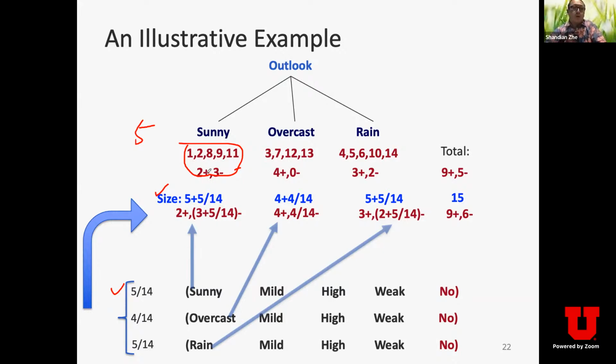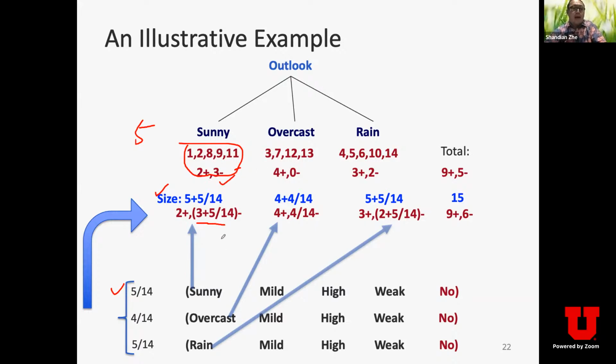So what's the number of positive examples? It's still 2. And what is the number of negative examples? Previously we only had 3 negative examples.